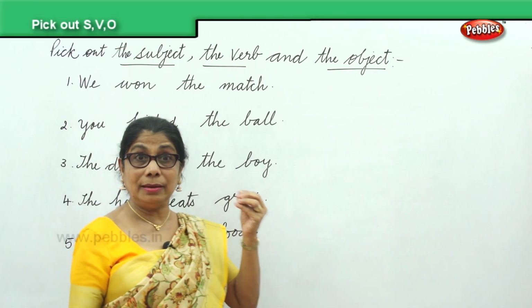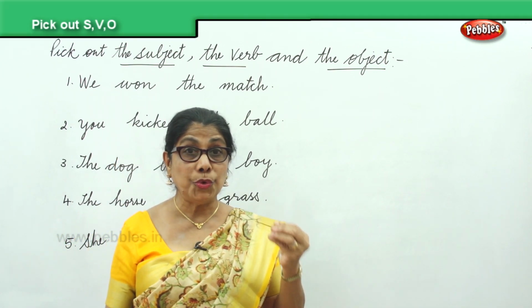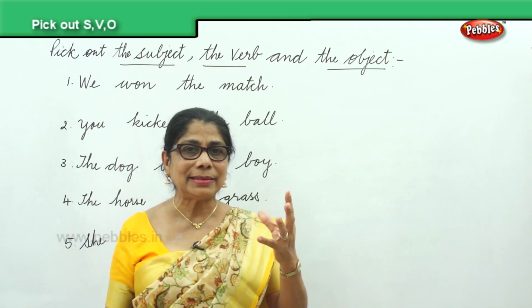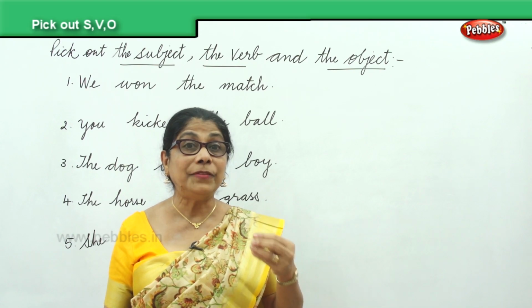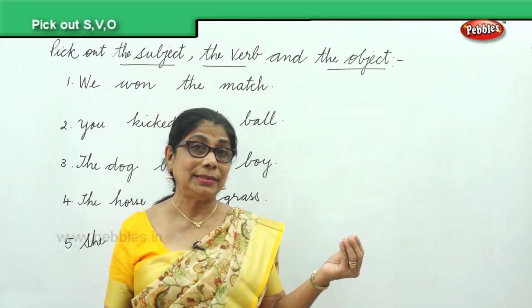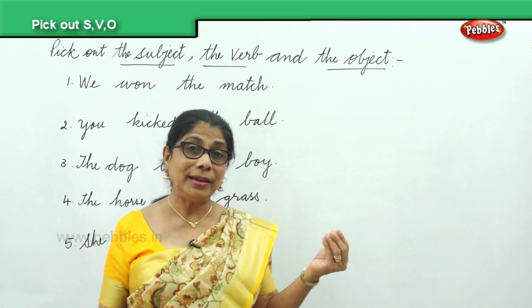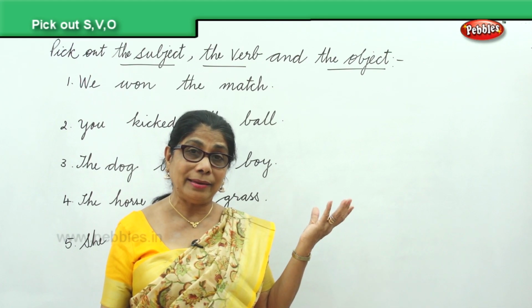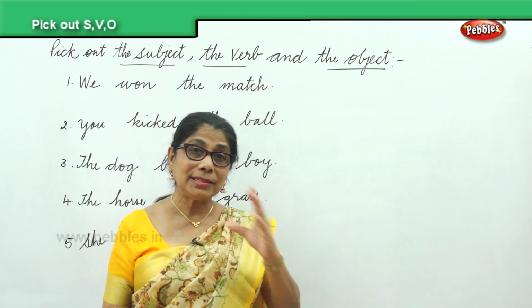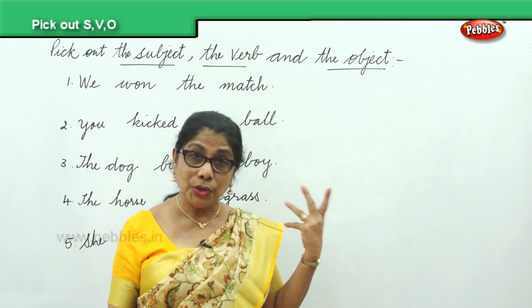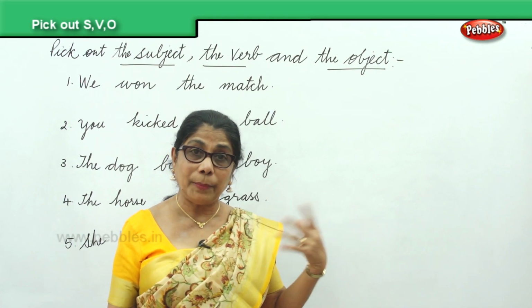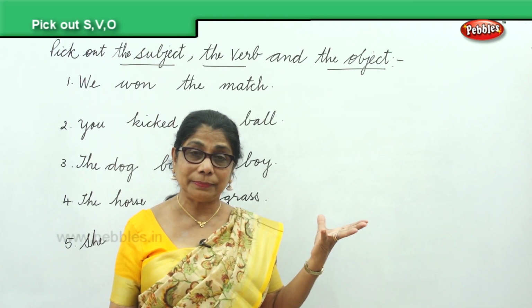As we learned earlier, the subject normally begins the sentence. The verb follows the subject. And finally, at the end you will find the object. What has the subject done to the object, with the picking or breaking or kicking, whatever it is.